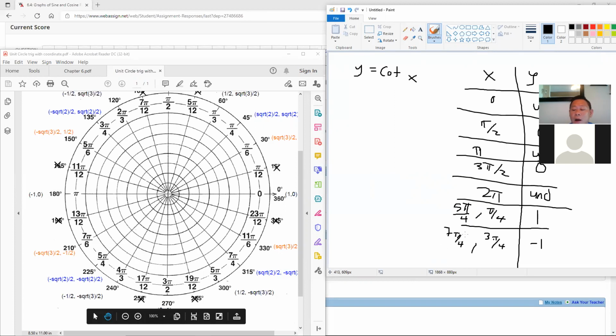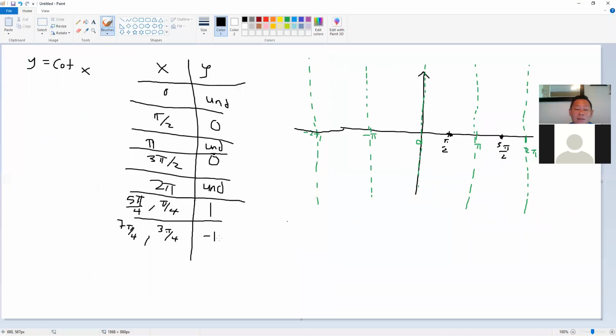So you notice that the 1 and negative 1 for tangent and cotangent is the same. So pi over 4 is right in the middle here. So you will get 1. And then 3 pi over 4 is again right in the middle between the pi half and pi. You will get negative 1. And then 5 pi over 4 is the middle between that, you get 1. And then 7 pi over 4 is the middle here, you get negative 1.